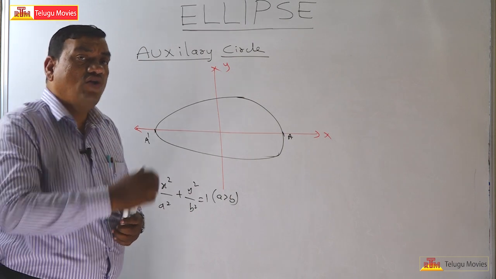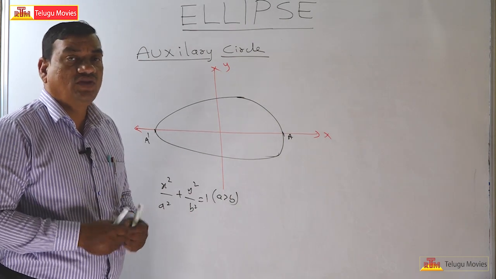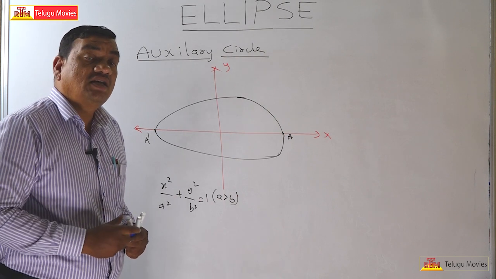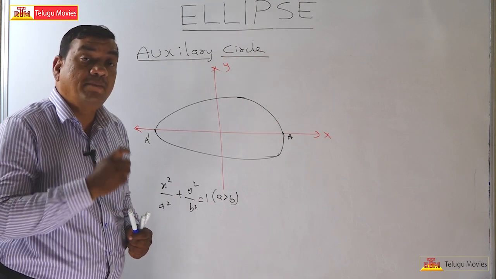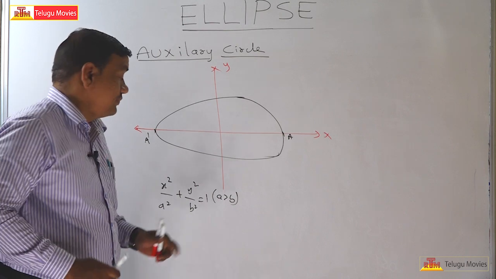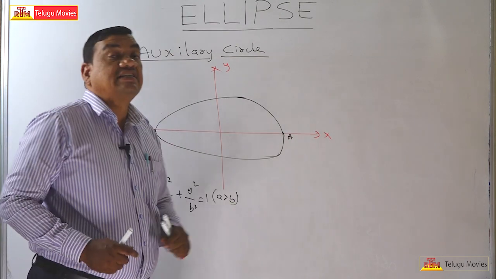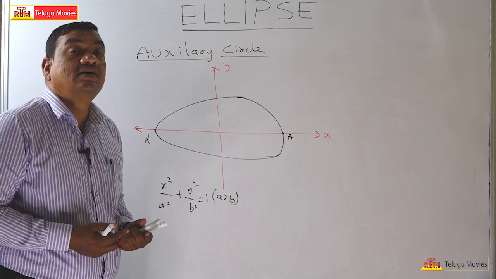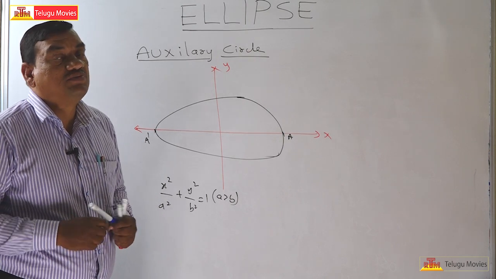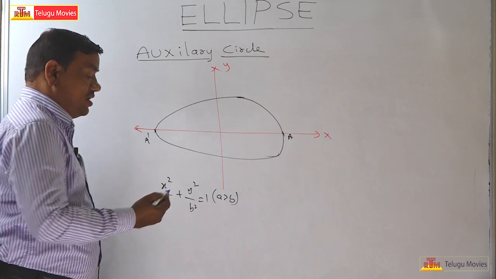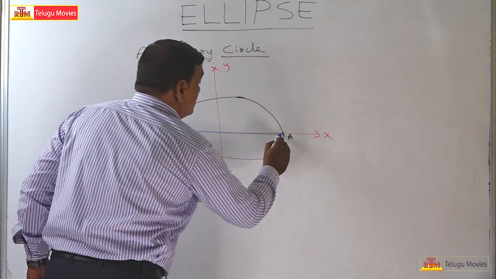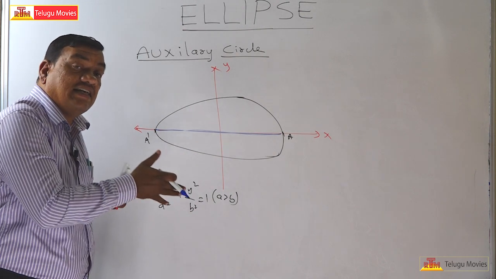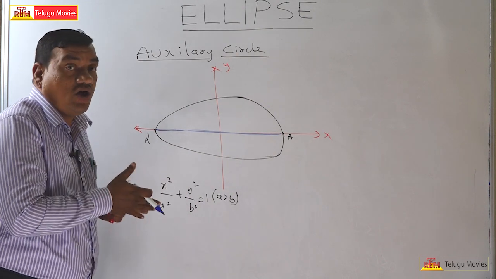Now, the first definition of the auxiliary circle is a very simple definition. The circle whose diameter is the major axis of the ellipse is called the auxiliary circle. Here, what is the major axis? This a a dash is the major axis. Taking the major axis as the diameter, draw a circle.